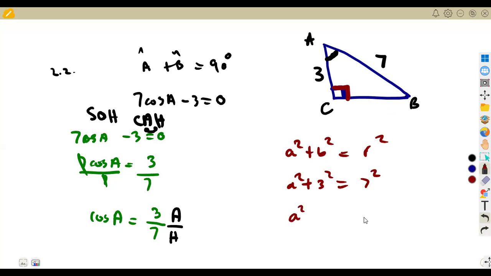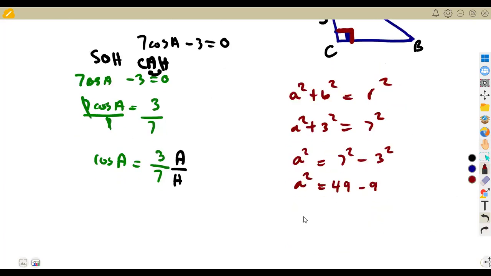What is the value of 3 squared? 3 squared is 9, but it's going to be subtracted this side. So a squared is equal to 7 squared minus 3 squared. 7 squared, guys, is 49, and we subtract 49 minus 9. That is going to give us 40.